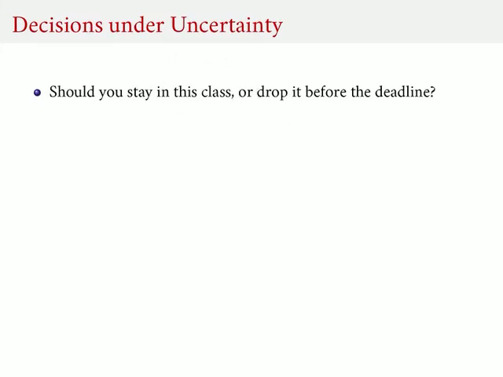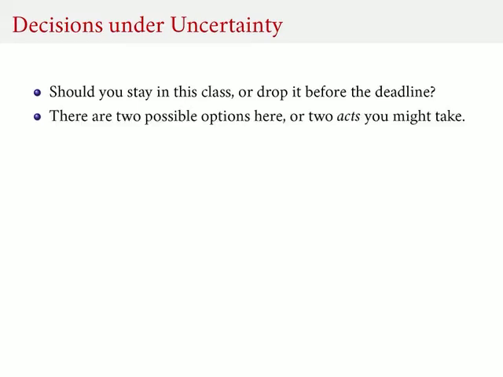So this is a decision that one faces. And what we can do is start bringing to bear some of the formal tools from this class by first translating the various alternative actions or acts into our formal language.